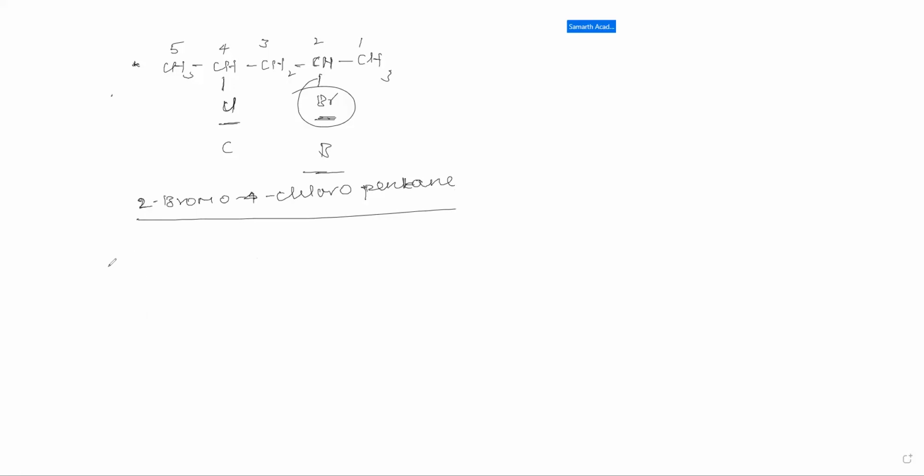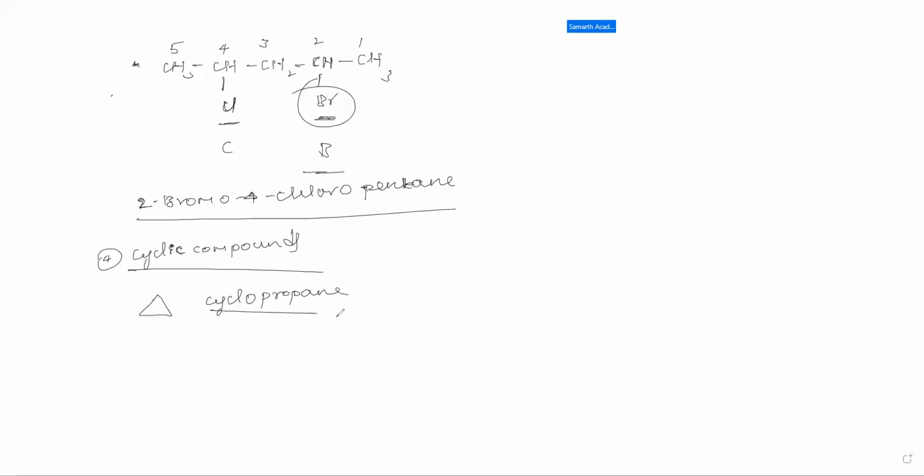In case cyclic compounds are present, next we come to cyclic compounds. Cyclic compounds in alkanes: you have to use cyclo. Prefix is cyclo and 3 carbon atoms present, so that is cyclopropane.